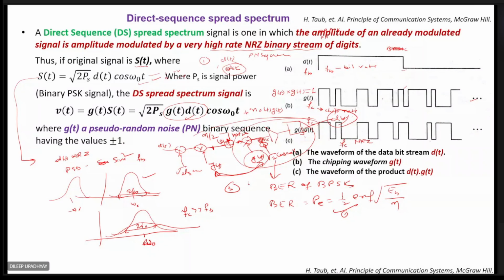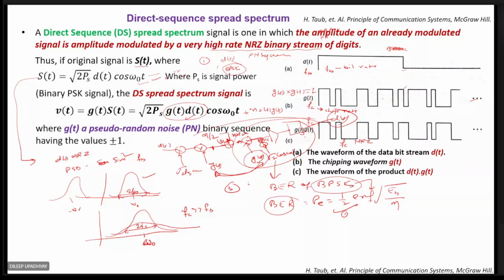At the same time, the bit error rate remains the same as that of the original BPSK signal. So suppose in any communication we are using BPSK modulation, then after a certain value the probability of error or bit error rate will remain the same. So these are some features of direct sequence spread spectrum.